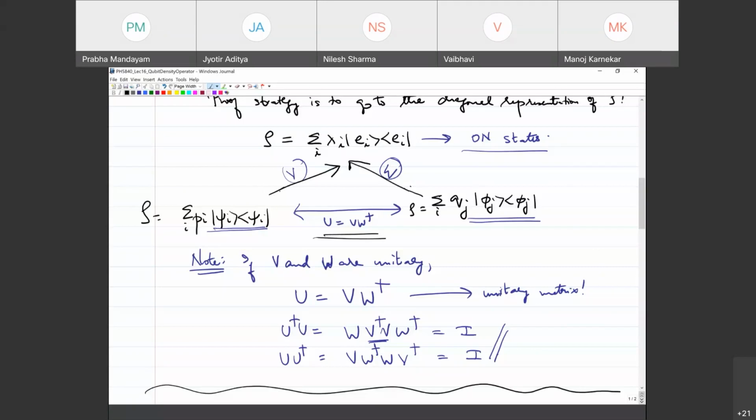One of these two will have to be the adjoint unitary. Do you understand? If W is the unitary which is taking me this way, the unitary that will take me this way is W dagger, because a unitary is always an invertible transformation and the inverse is the adjoint. Yes, ma'am, I got it.